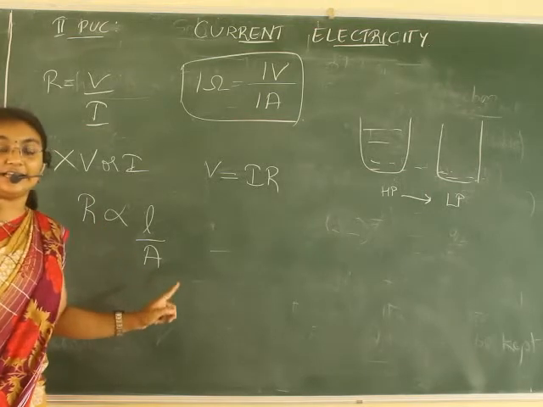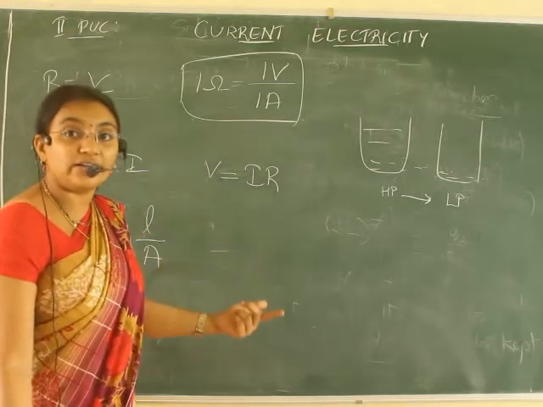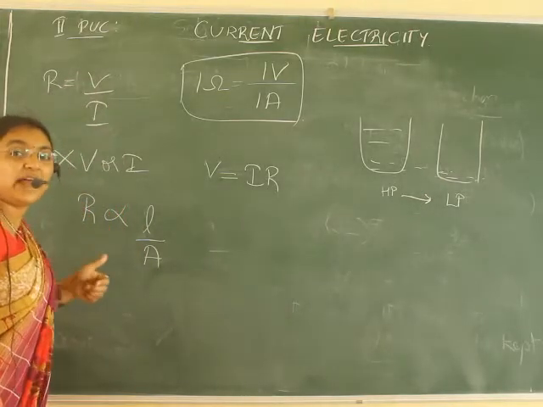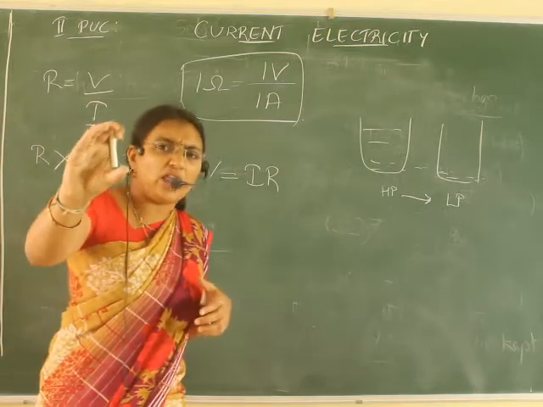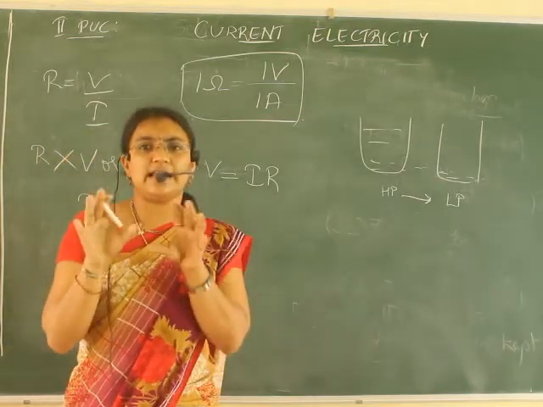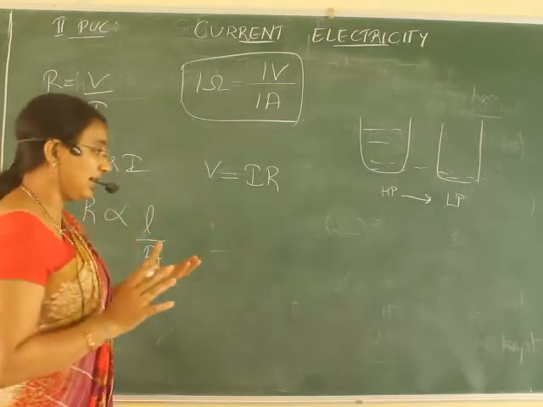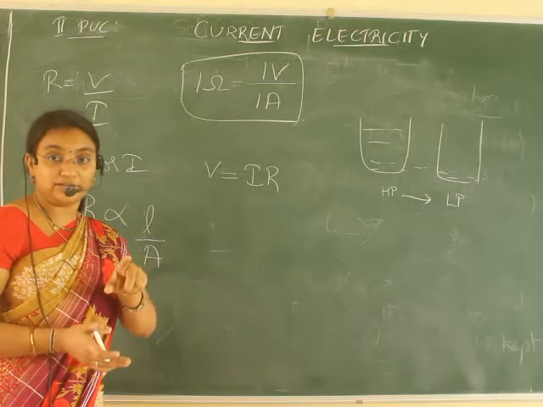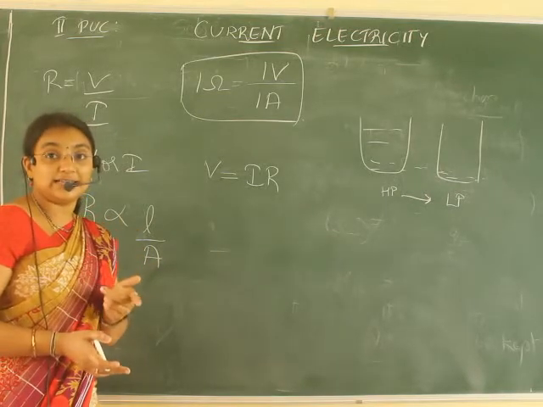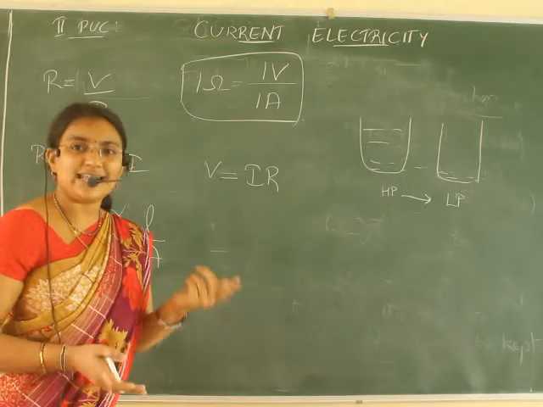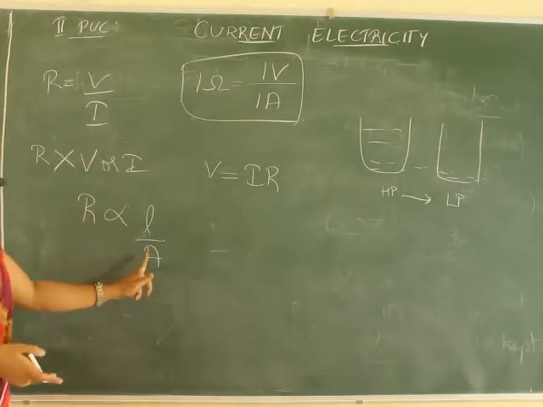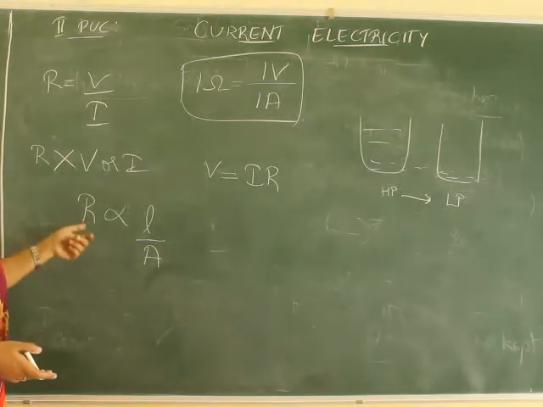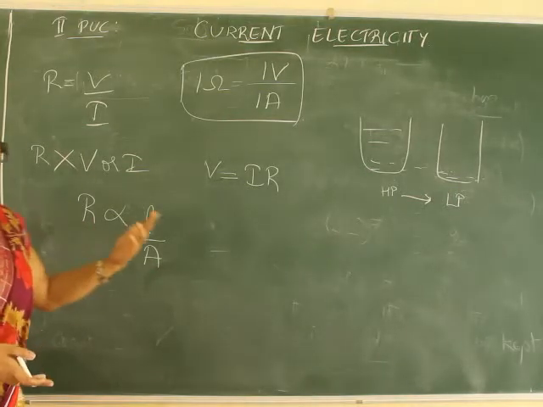If the area is very small, then less water will flow, so resistance is more. Same way here, as the area of cross section increases, resistance is less, therefore current flow is more.